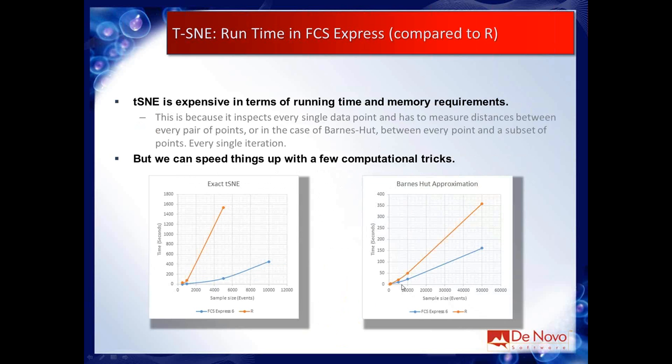And here's the Barnes-Hut. When you get up to 10,000 samples, you're already at 4 seconds in FCS Express. And then here, you're at 150 seconds for 5.